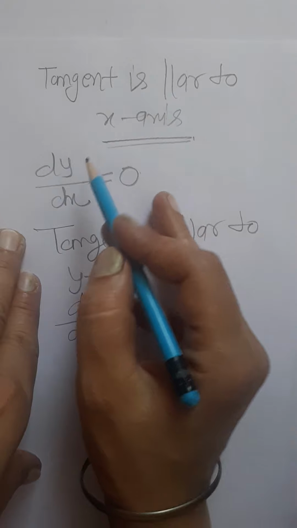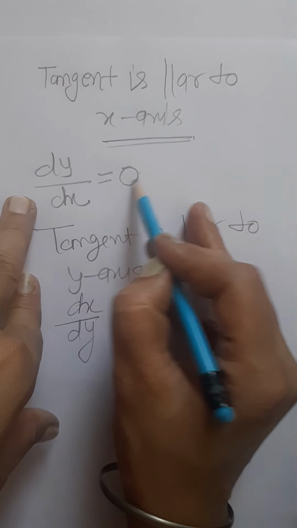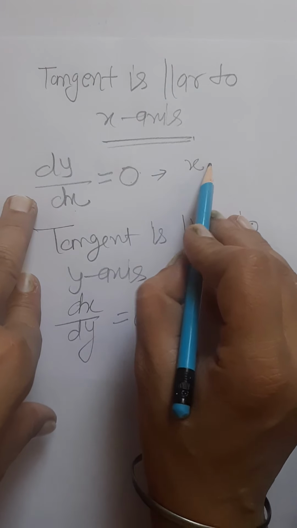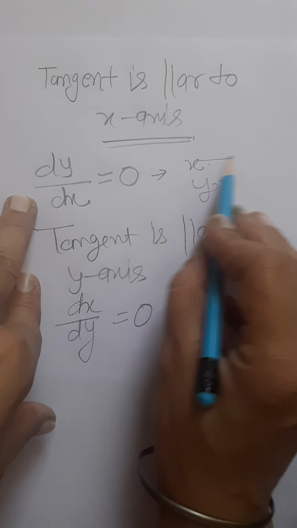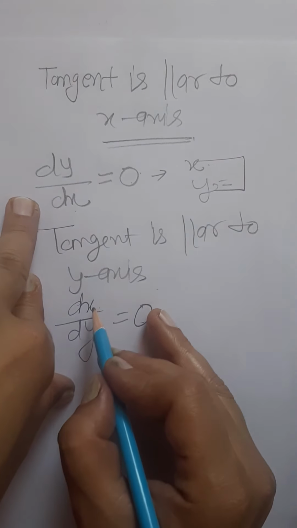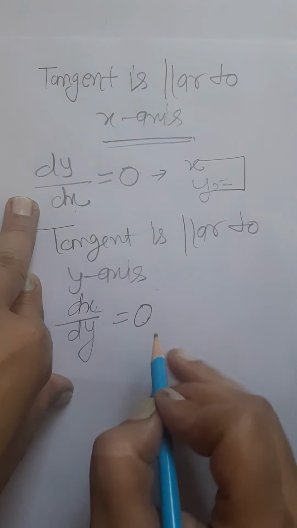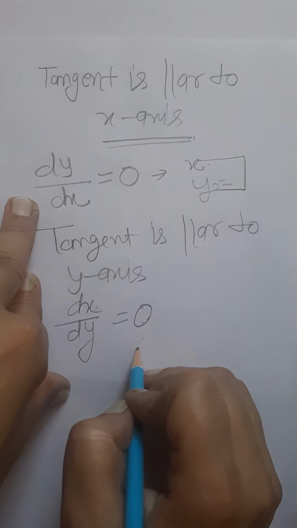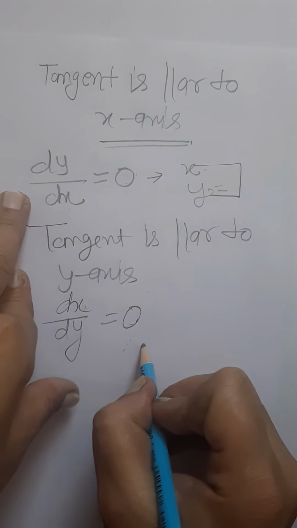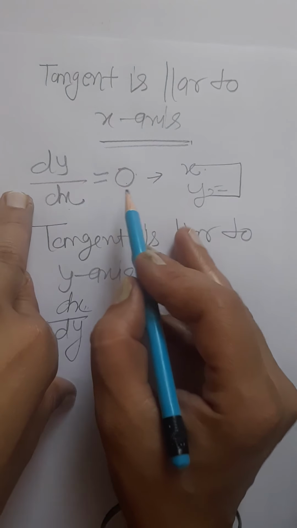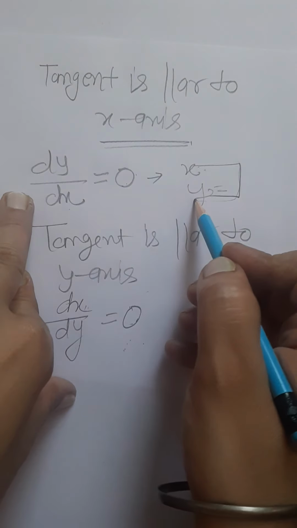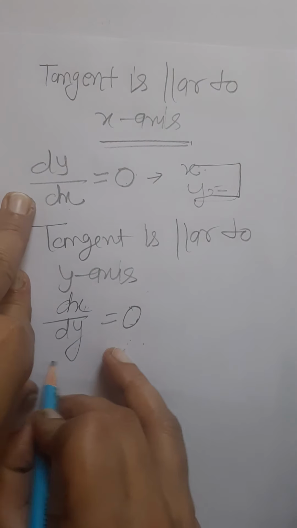When you put dy by dx is equal to 0, you can find the value of x, and by putting the value of x in your original function you get the points also. The same process applies here: when you put dx by dy is equal to 0, you find the value of x or y, and you put the value in the original function and you get the other points. So in this question you can get the coordinates of your equation.